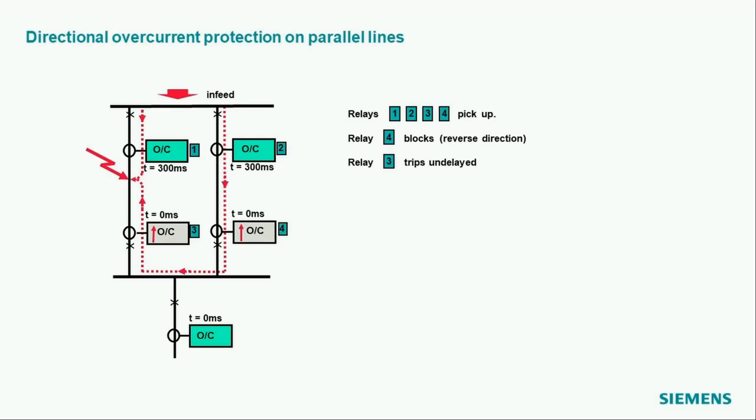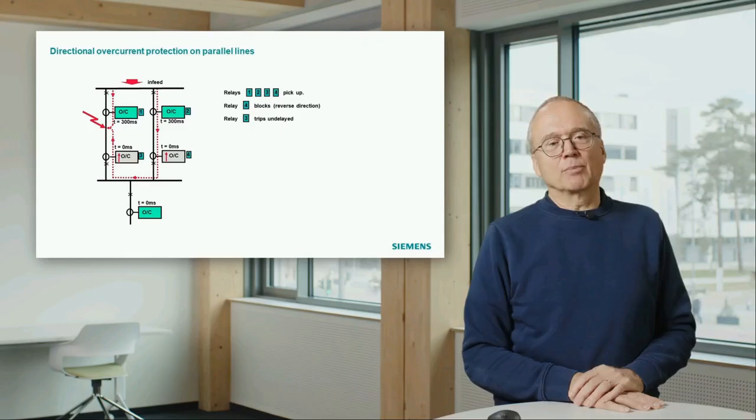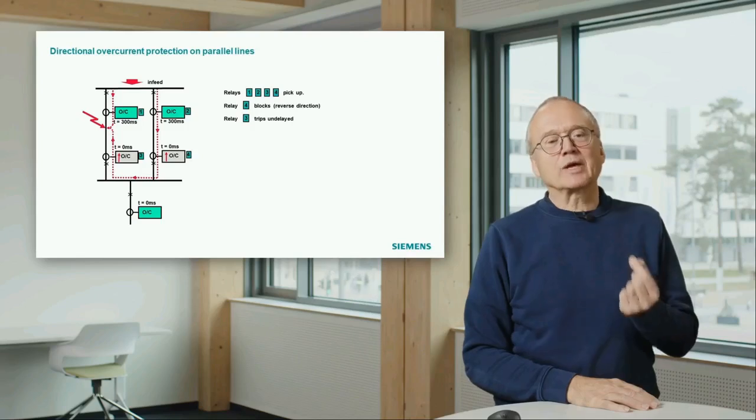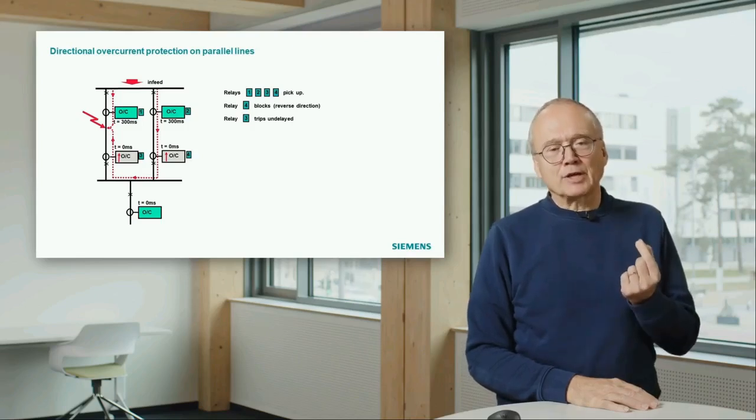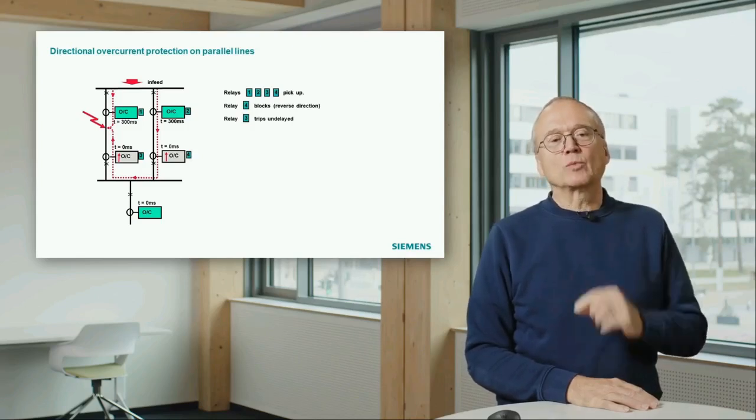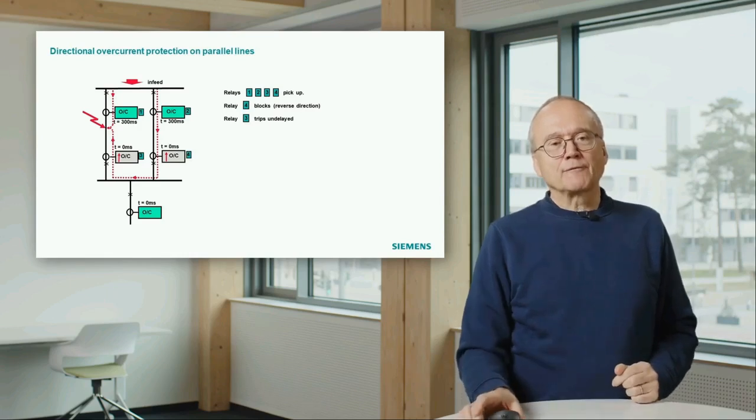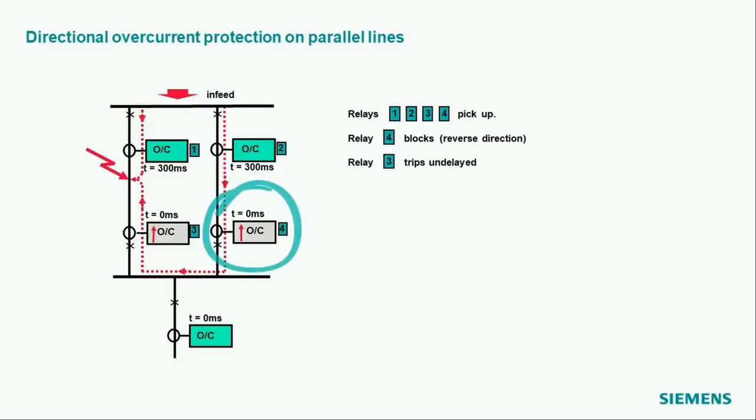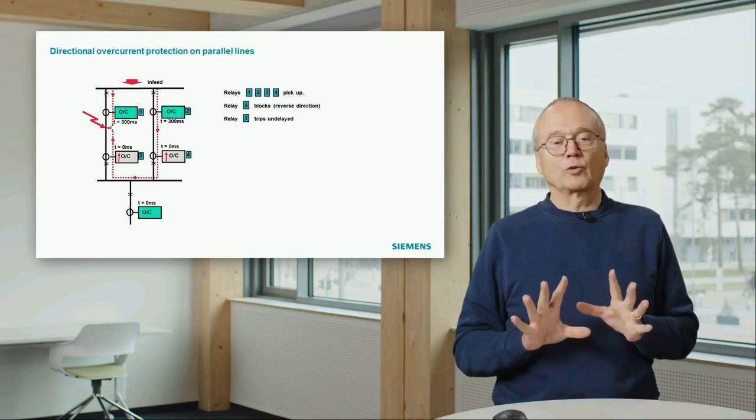That means they have a preferred setting, indicated with the red arrow in the relay box. They will react only if the current flow is in line with the setting. And if you look at the bottom right relay, the current flow is opposite to the direction of the arrow. That means this relay says, I'm a directional relay, I will not react to current flow in this direction.